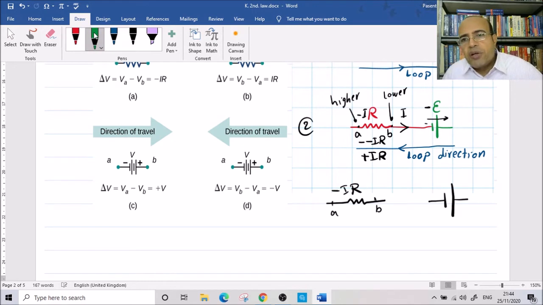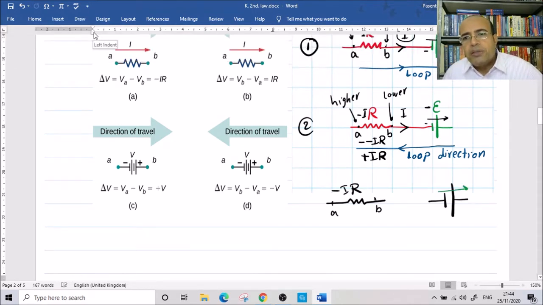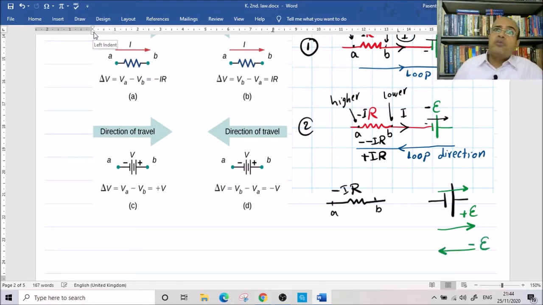It's from lower voltage to the higher. So this is the direction of the charge carrier. If the loop has the same direction as the charge carrier, the electromotive force will be positive. If the loop has the opposite direction to the charge carrier, it will be negative electromotive force.